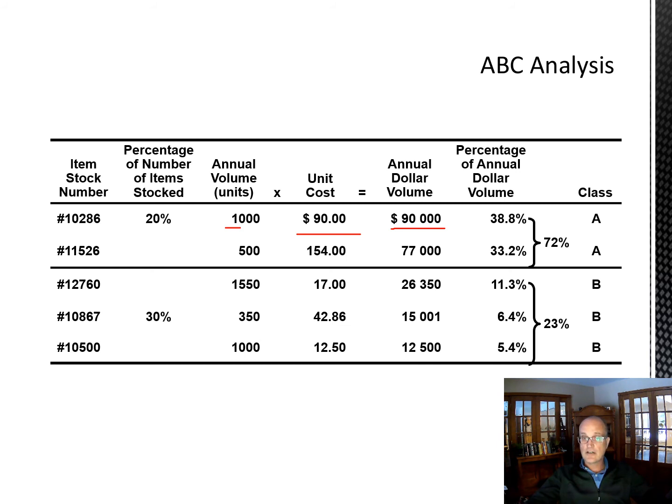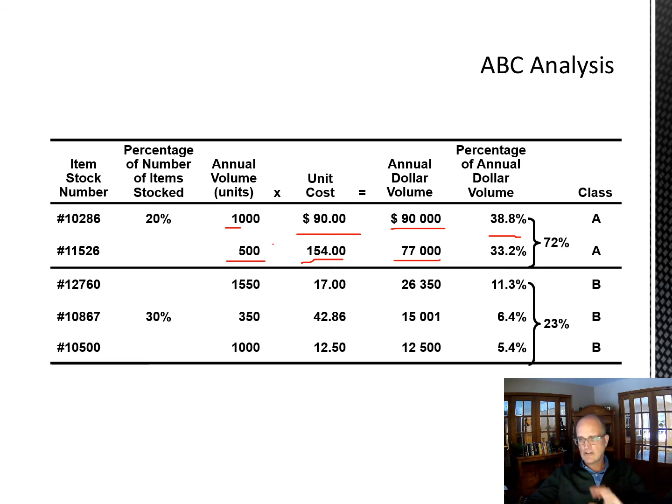So this is clearly something that matters. Here we have another item that we usually have a 500 volume in, 500 units that we use in a year. It's more expensive, so it's 77,000. So you can see some things are big numbers, smaller unit cost. Some things are smaller numbers, bigger unit cost, but they represent big percentages of the annual dollar volume.